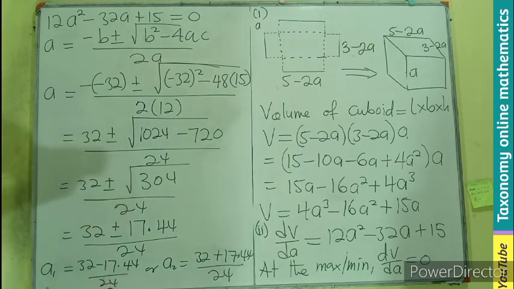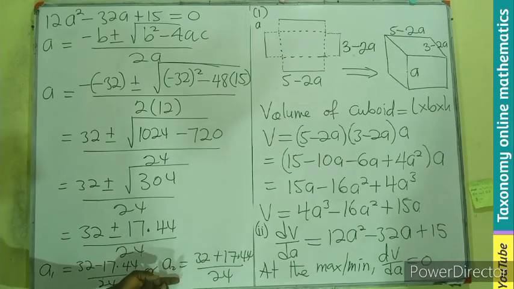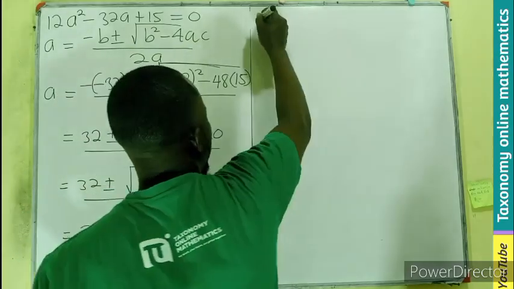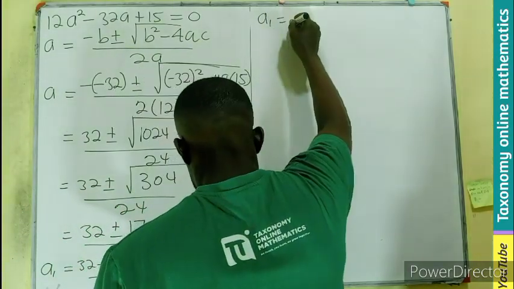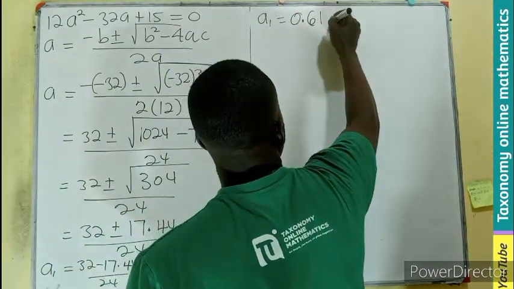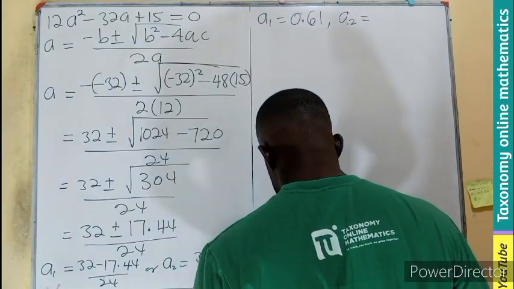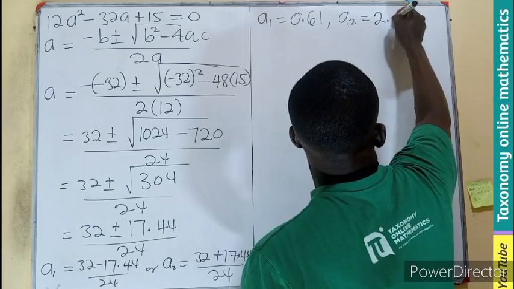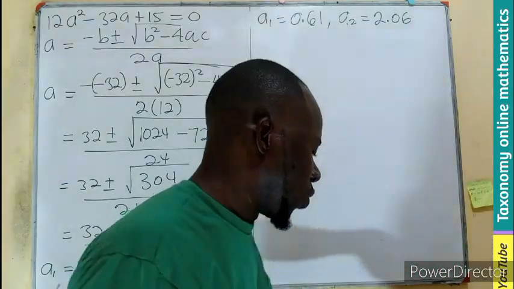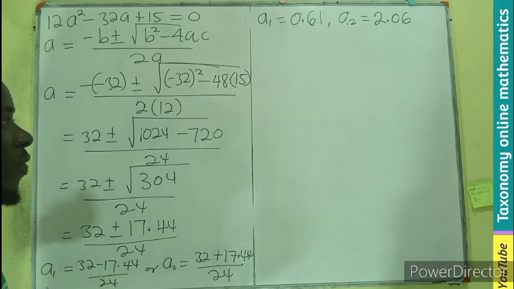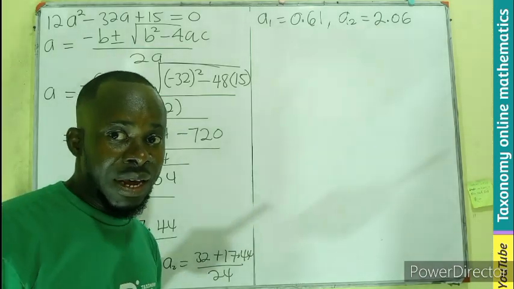So we are going to put that in our calculator to derive the value of A1 and the value of A2. So from here, our A1 is going to be 0.61. Our A2 is going to be 2.06.